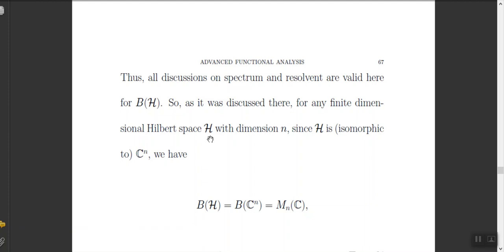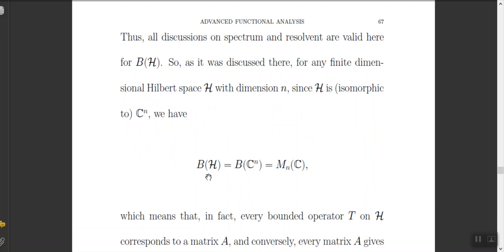If you remember, if we have a finite dimensional Hilbert space with dimension n, or simply an n-dimensional complex Hilbert space H, that H is nothing but C^n.